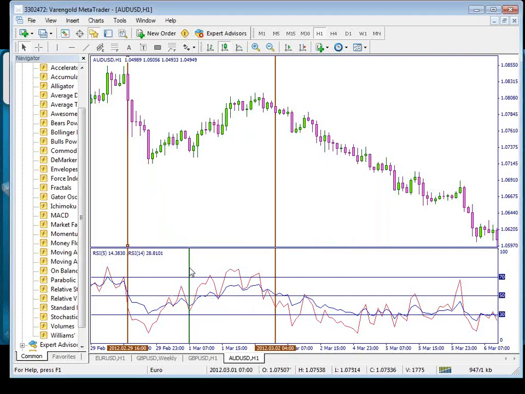So here is one signal. RSI 5 is on the upside, RSI 14 is going down, so we have a signal for sell.